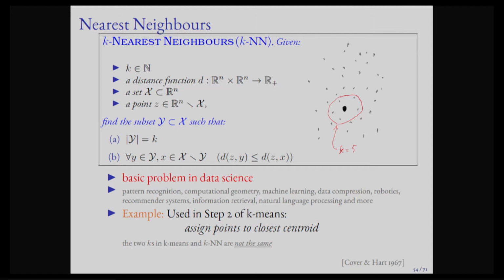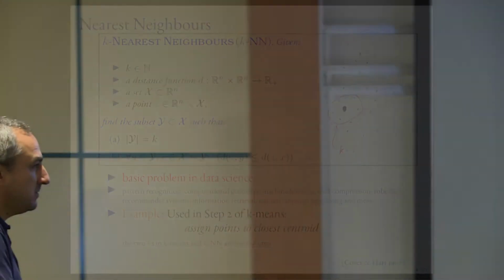And this alternates. Every time you want to reassign a point to a cluster represented by a given centroid, you have to find the closest centroid, so you have to find the closest point in a cloud of points. You have this very, very large cloud of points and a selected point, and this very important sub-problem is to find the closest point.